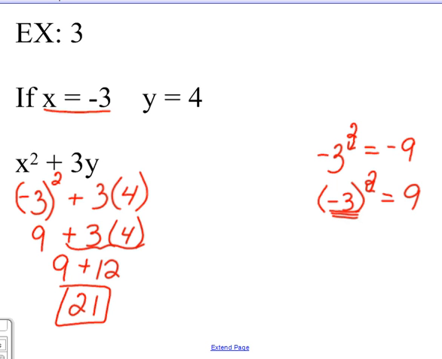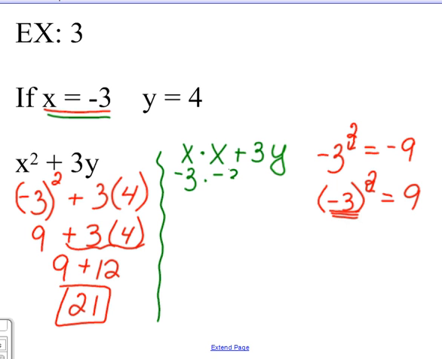If you're going to get confused with that negative number raised to an exponent, you could change the problem from x squared. You can write it as x times x plus 3y. And then x is negative 3. So we have negative 3 times negative 3 plus 3 times y is 4.